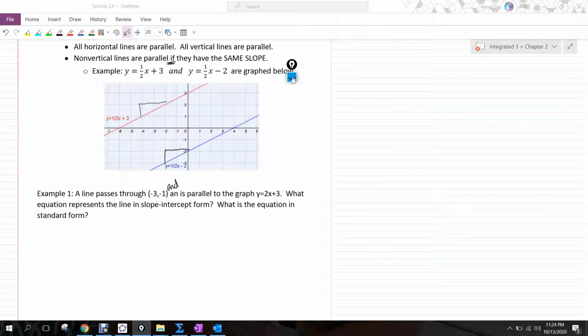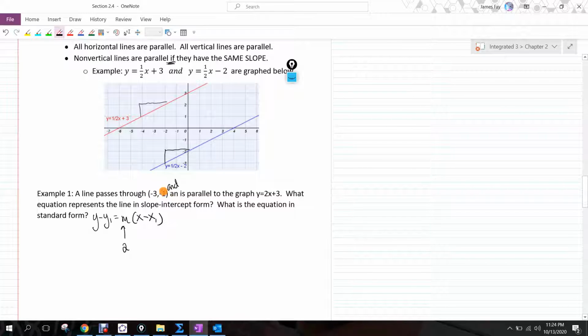Alright, so if we know that our new line is going to have a slope of 2, we should be able to say our new line will fit this formula, and we know the slope has to be 2, the same as the line that it's parallel to, and it has to go through this point right here.